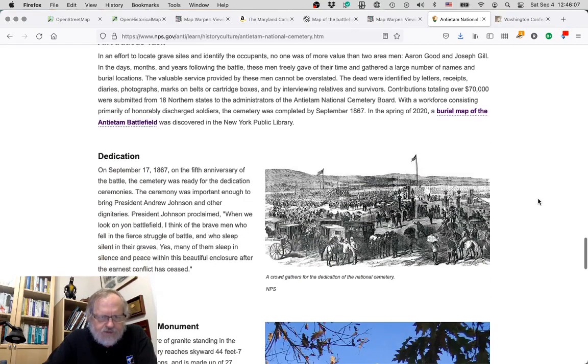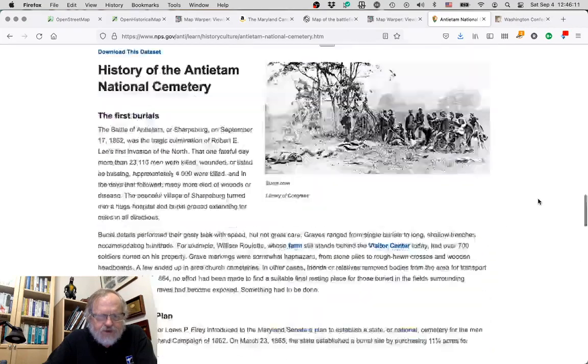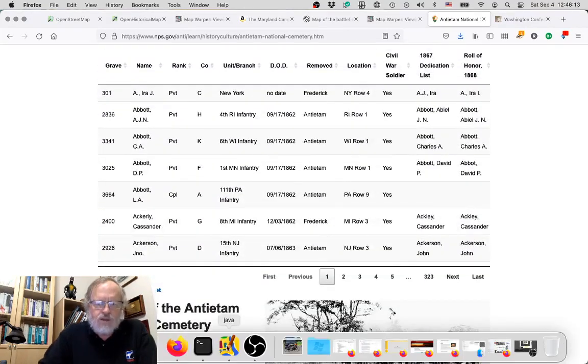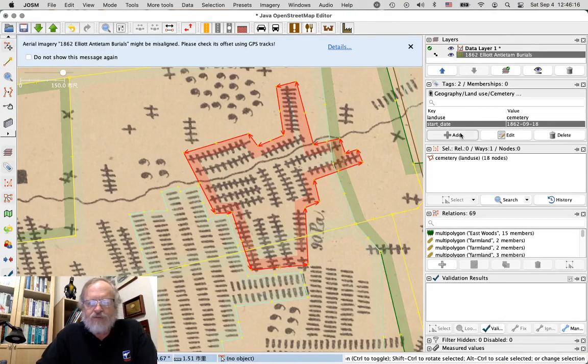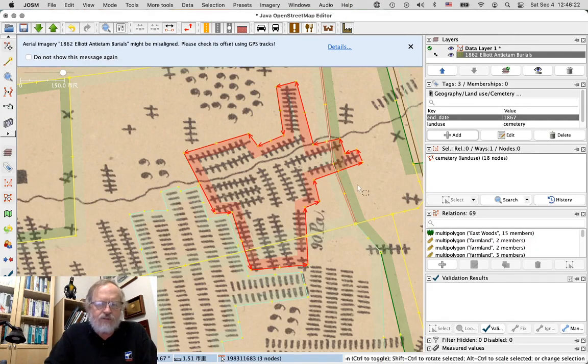They dedicated the cemetery in 1867, so we can see that the Union soldiers got reburied a lot faster. We're going to arbitrarily use 1867 then for the end date on the Union burial plot here.